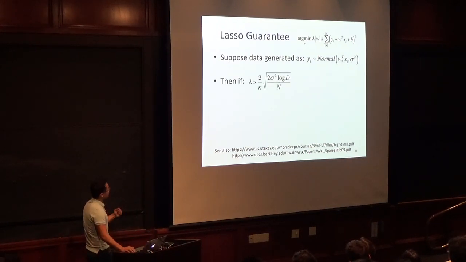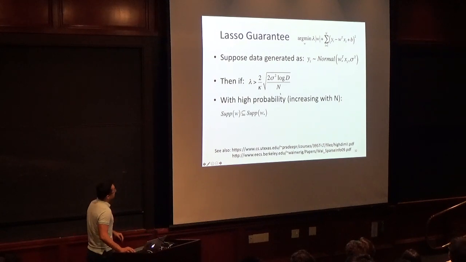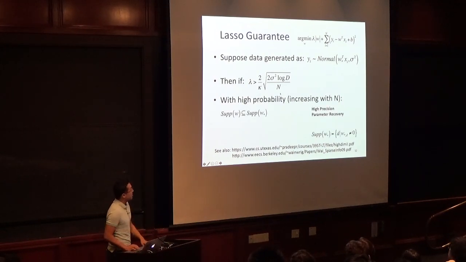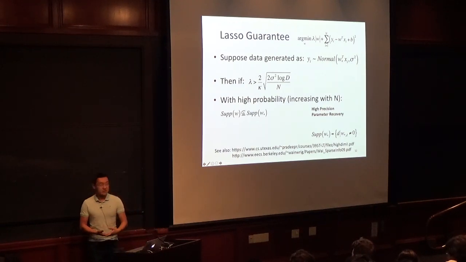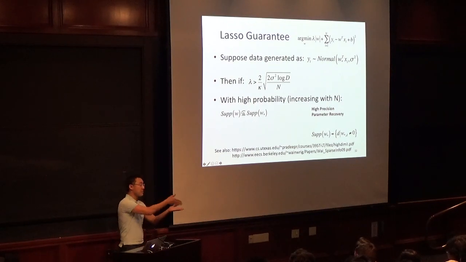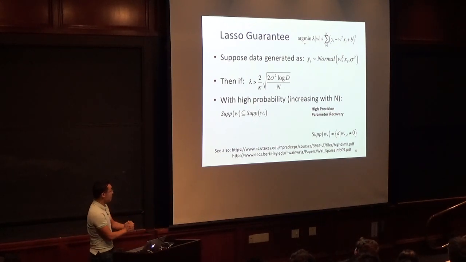Then for a specific choice of lambda, that depends on the dimensionality and the size of the training set, with high probability, and the probability increases with the size of the training data, the support of the W that we learn, which is just the entries of W that are non-zero, is a subset of the support of W star.